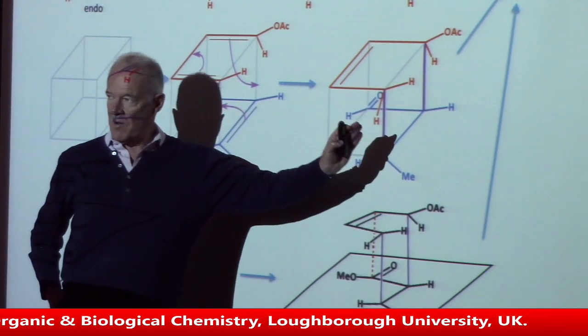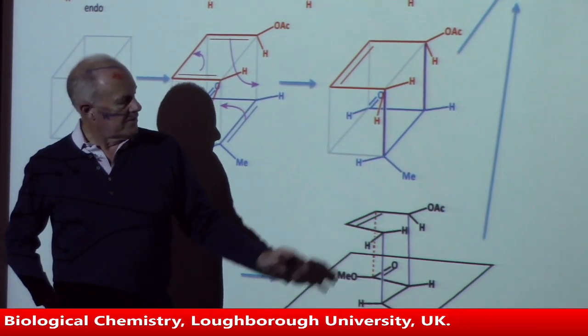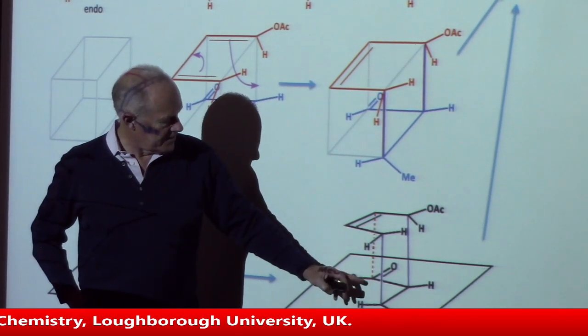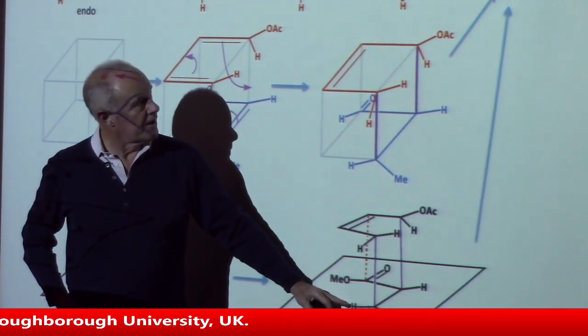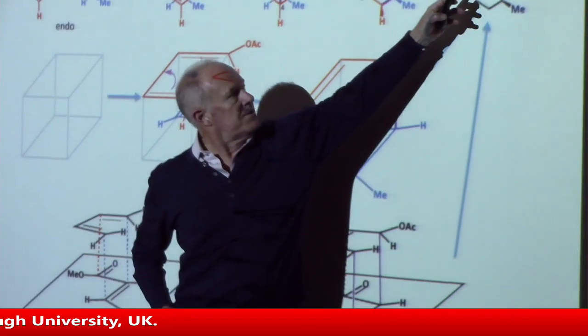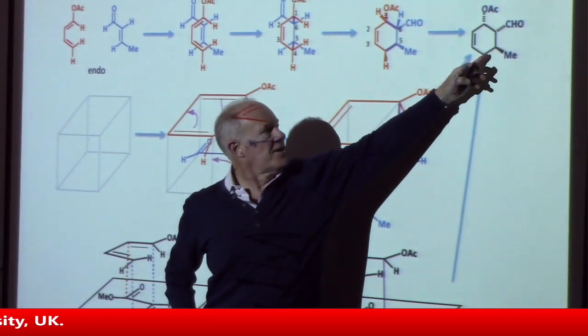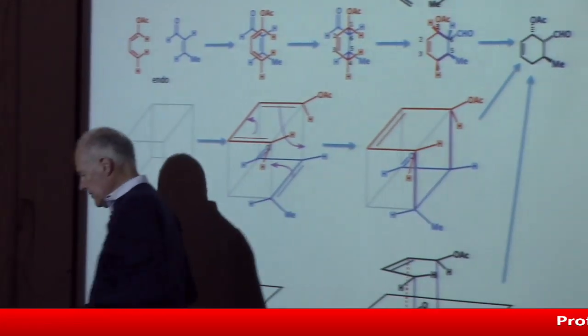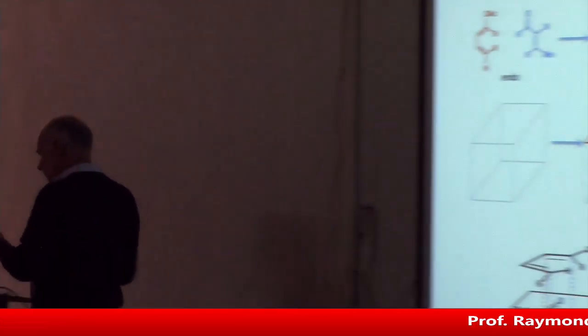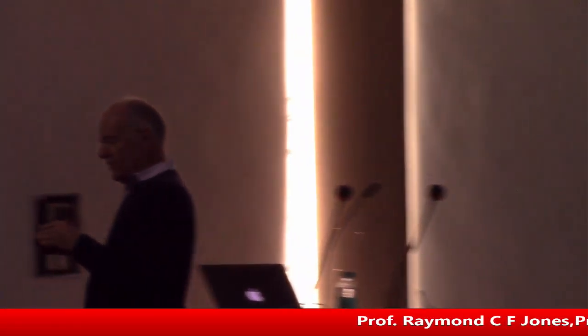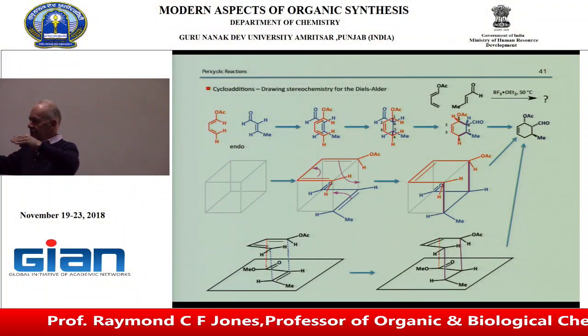This hydrogen is going to come up to be on the top face. So this acetate will be below, this aldehyde will be below, and this H will be below. Acetate down, aldehyde down, H down. There's nothing magic scientifically there. It's just about your perception, imagining what happens when you unfold it.